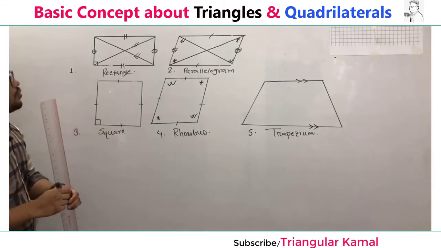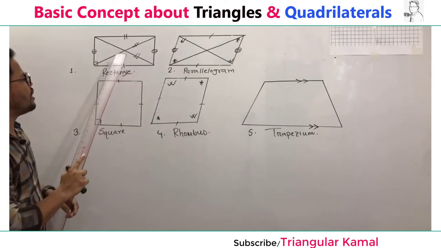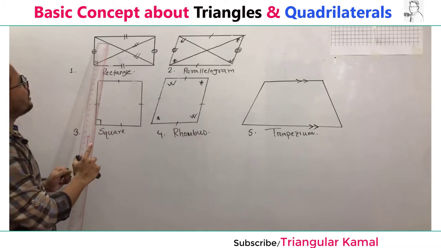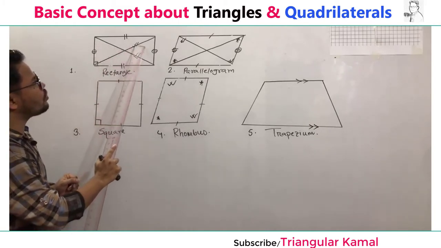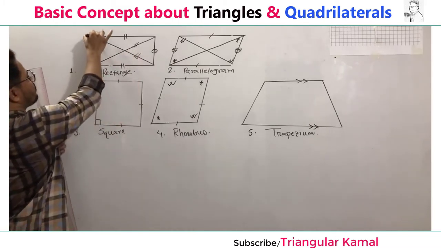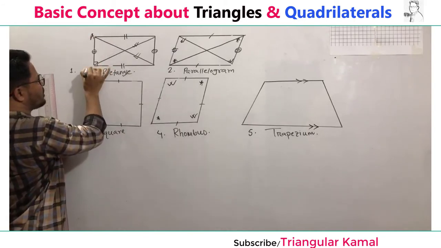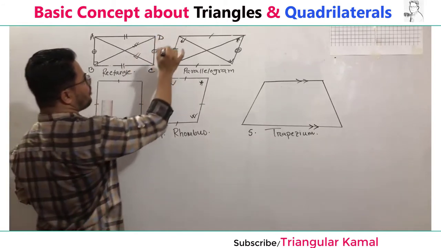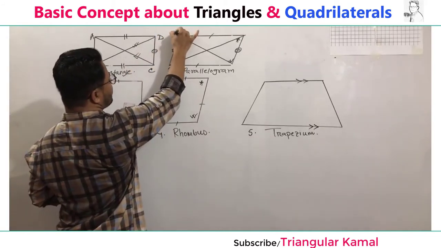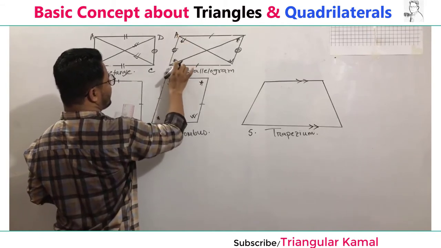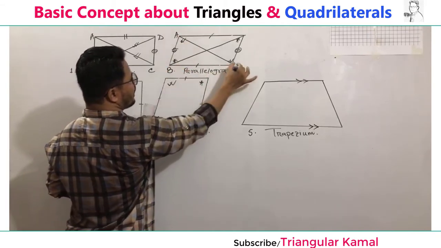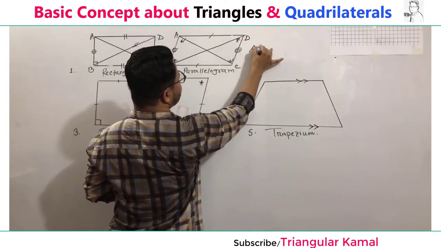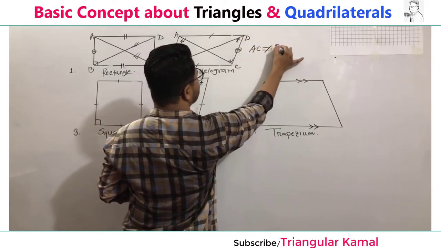So, dear students, let me clear the difference between rectangle and parallelogram. Here the two diagonals are equal. If you consider this one A, this one B, this one C, and this one D, and also here A, B, C, D, here AC is not equal to BD.